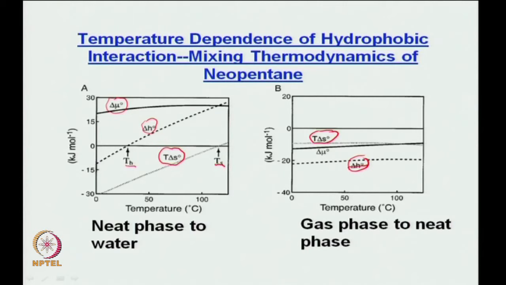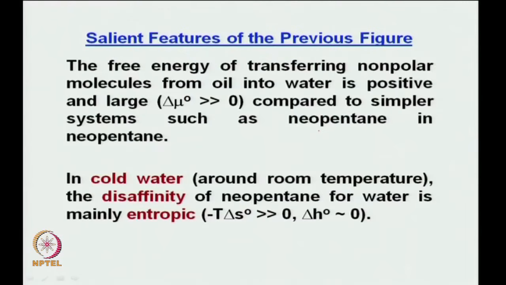The slopes are very small. So on one hand, when in water, the slopes of delta H 0 and T delta S 0 are very steep, but the same thing when you take it in neat phase, neat neopentane, the slopes are actually very small. Now what do these slopes refer to? These slopes refer to a very important thing.